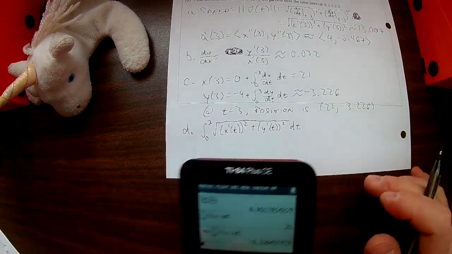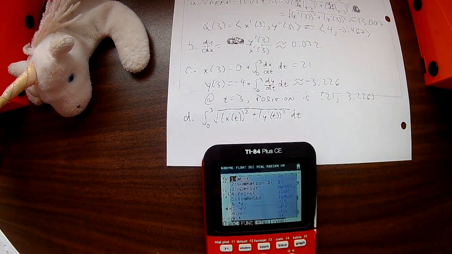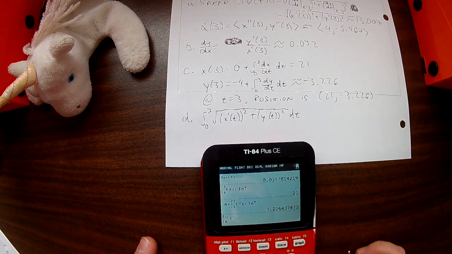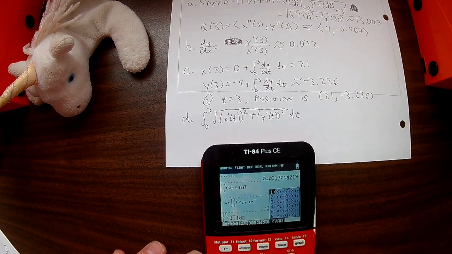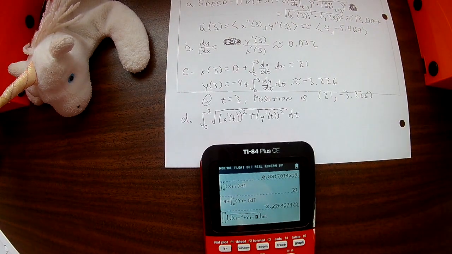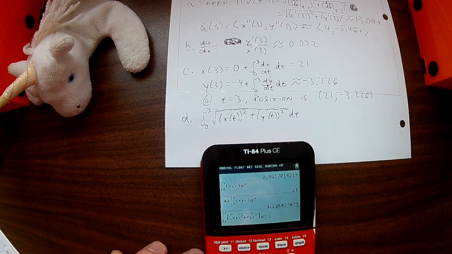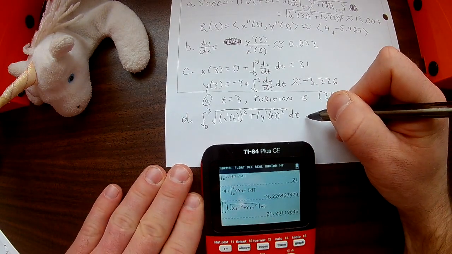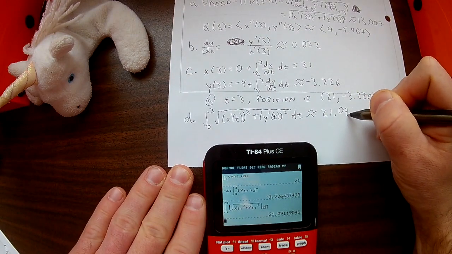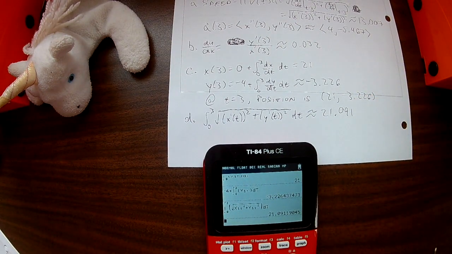And now we just have to plug it into the calculator. Integral from 0 to 3 of the square root of x1 squared plus y1 squared dt, which is approximately 21.091 units, whatever the units are.